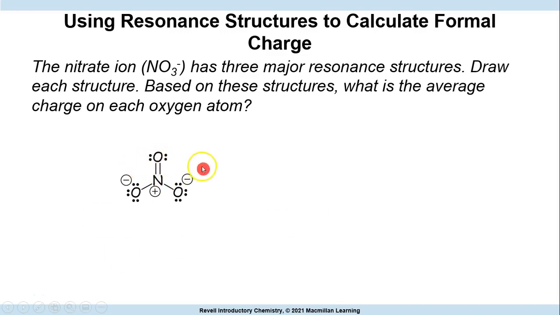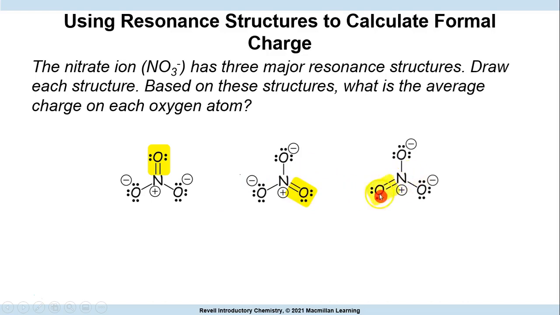We could draw this Lewis structure, and we decide to shift the double bond to this direction and to this direction as well. So we are going to have three possibilities. We have it here, the double bond and the lone pairs, and this one. We have the second scenario here, and we have the third scenario here. Now the double-headed arrow shows that there are resonance structures. Now we've been asked to draw each structure. We've drawn the structures. Based on these structures, what is the average charge on each oxygen atom? So we've calculated the formal charges here.